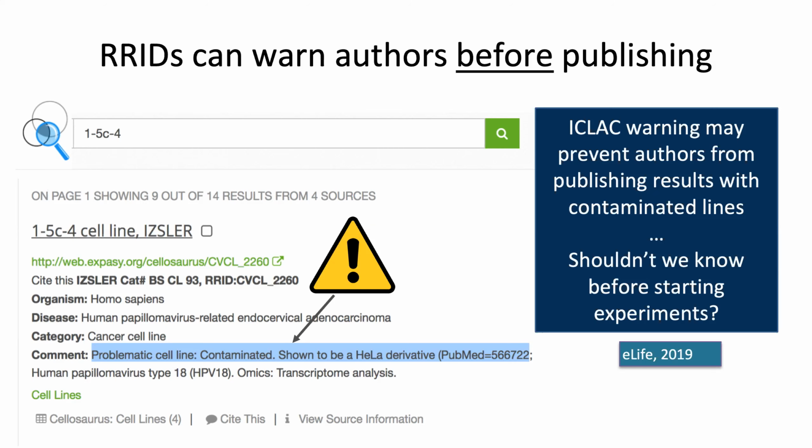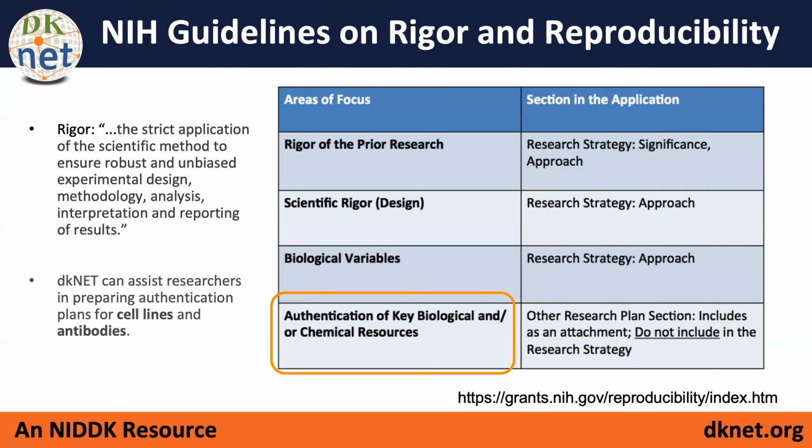But we should try and provide this for researchers so that they can get this information earlier on in the process. And so this is where we started looking at developing tools to help researchers when they have to provide information to NIH for the authentication of key biological and or chemical resources.